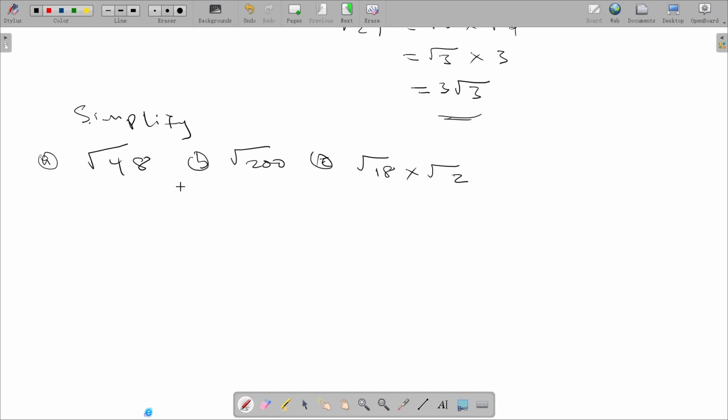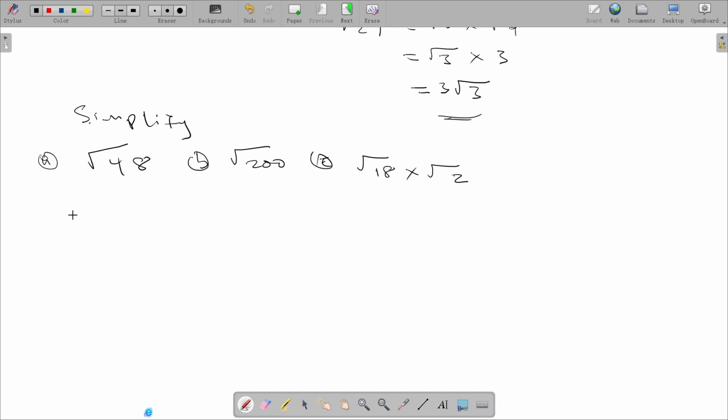To solve this, let's try and break square root of 48 into factors. It always helps to make sure that one of the factors is a square number.